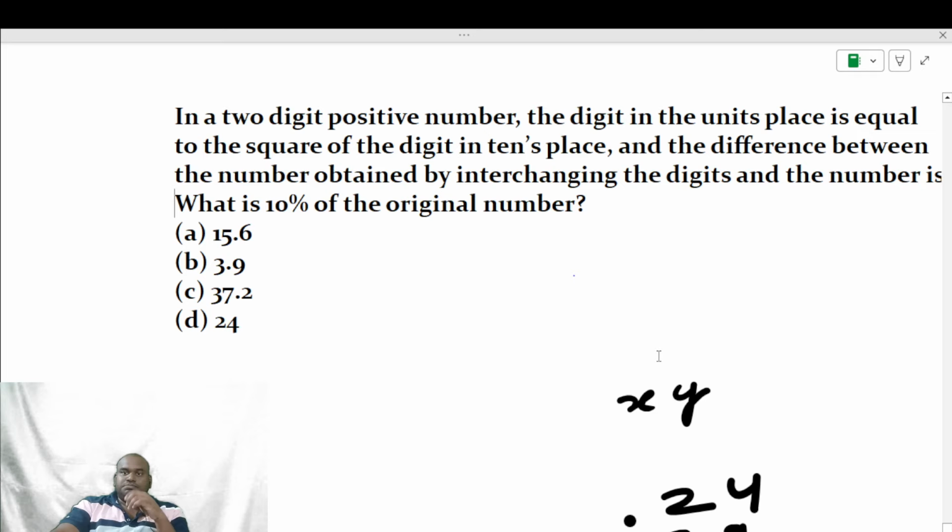And the difference between the number obtained by interchanging the digits. Interchanging the digits means you just interchange them, it will become 42 and this will become 93. The difference between the number obtained by interchanging the digits and the number is 54.